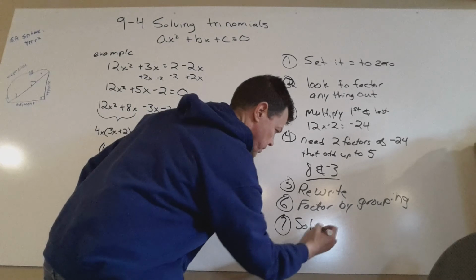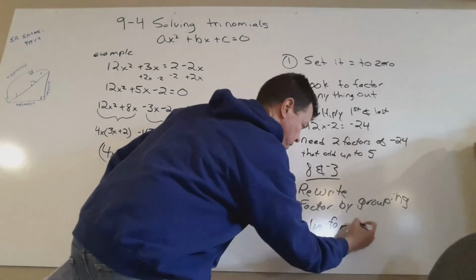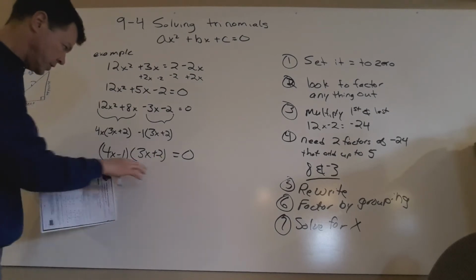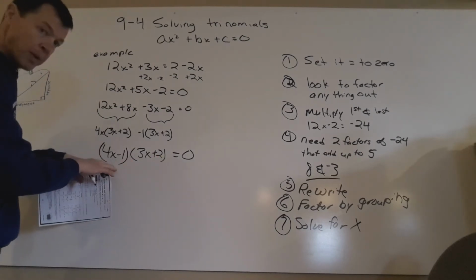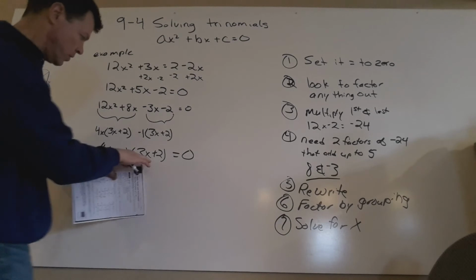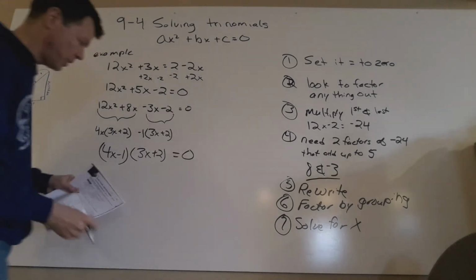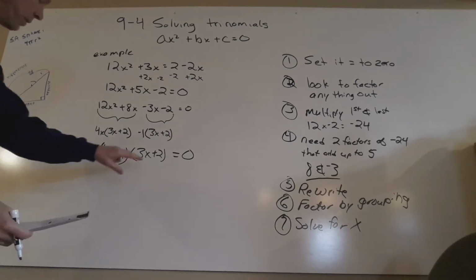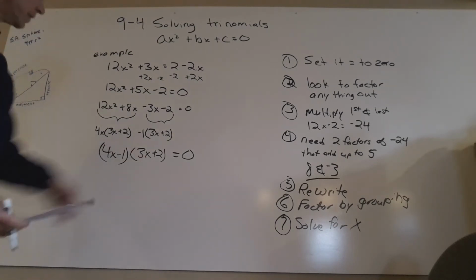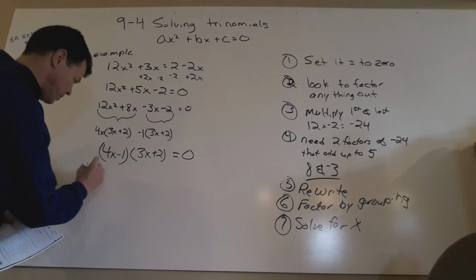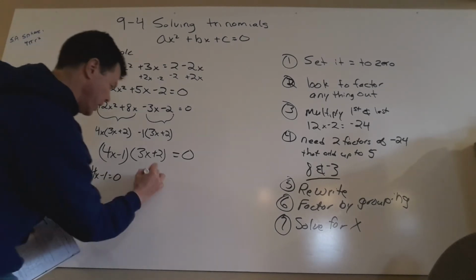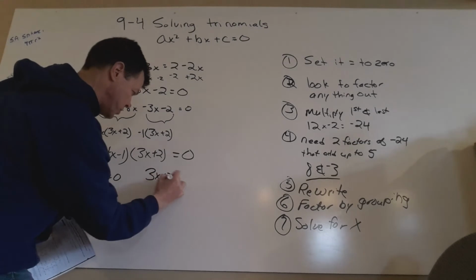Because this equals 0, either this first part, 4x minus 1, is equal to 0, or 3x plus 2 equals 0, and we solve for both of them, and that takes care of all possibilities of x. So 4x minus 1 equals 0, and 3x plus 2 equals 0.